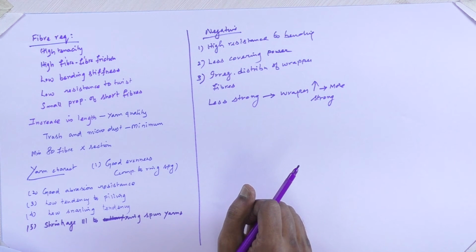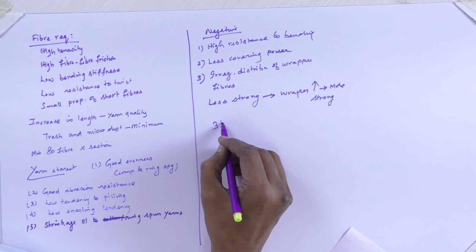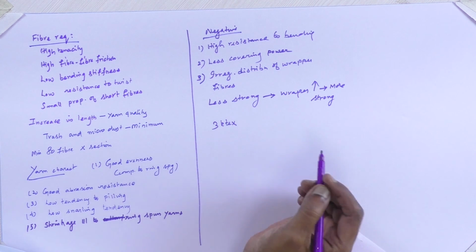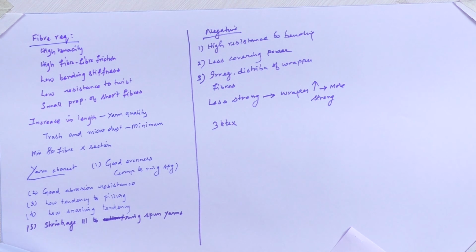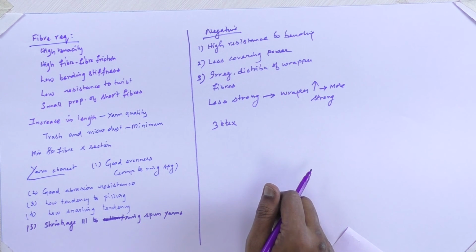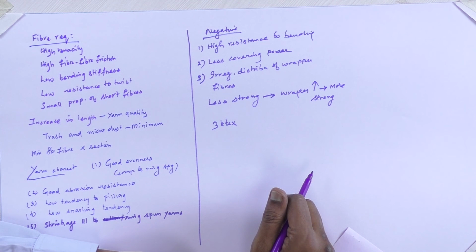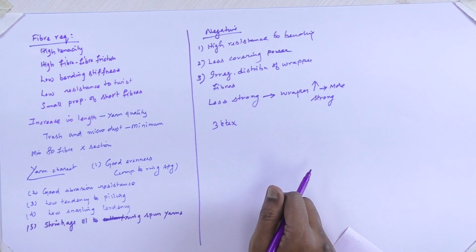And then technological aspects, draw frame. Draw frame sliver with a linear density of 3 kilotex, that is 3 grams per meter. Usually it is about 5 grams per meter for most of the yarns that are produced in ring spinning. So here 3 kilotex is preferred as feed material. 3 passages are required in the draw frame to achieve the parallelization.